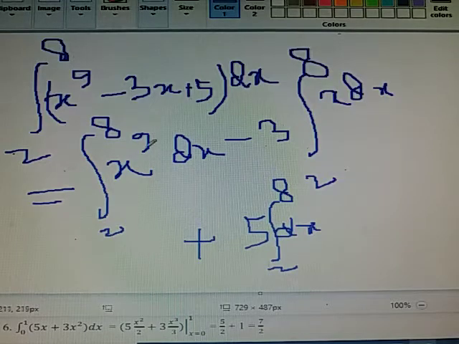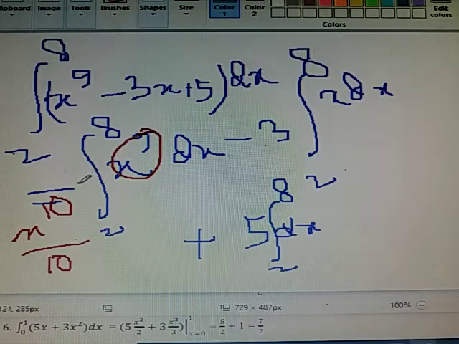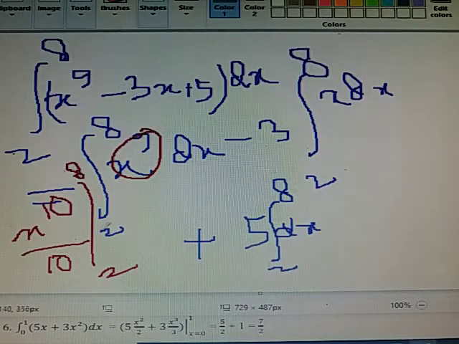So for x to the power 9, the formula gives x to the power 10 by 10. So phi b is 8 to the power 10 by 10 and phi a is 2 to the power 10 by 10. So this part is x to the power 10 by 10 from 2 to 8.